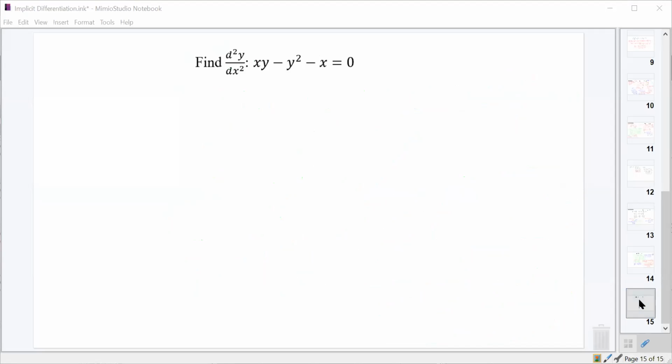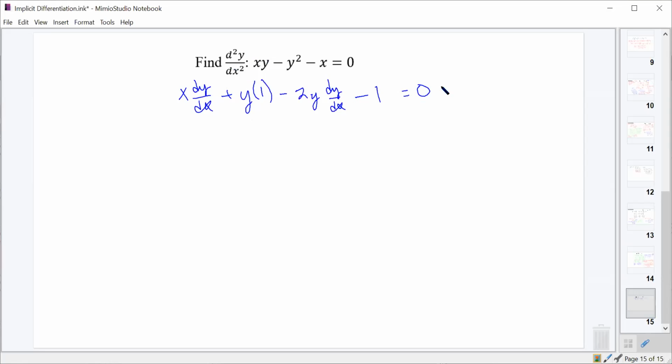So first thing we need is the first derivative. We'll take the derivative of both sides with respect to x. The xy becomes x dy dx, plus y times the derivative of x. Everybody good with the product rule on xy? Okay. Minus 2y dy dx minus 1 equals 0.